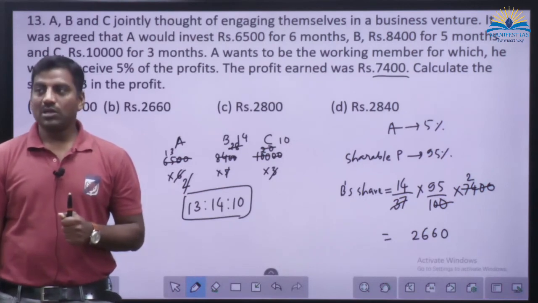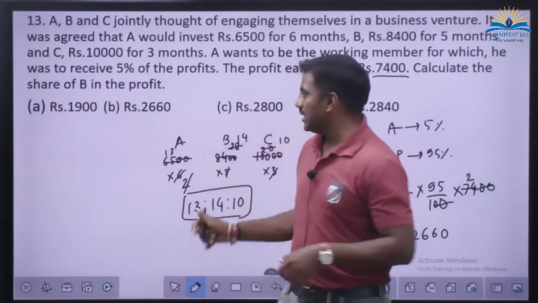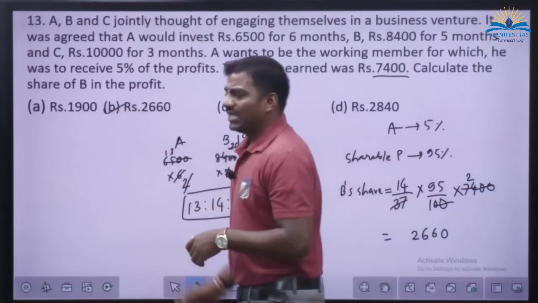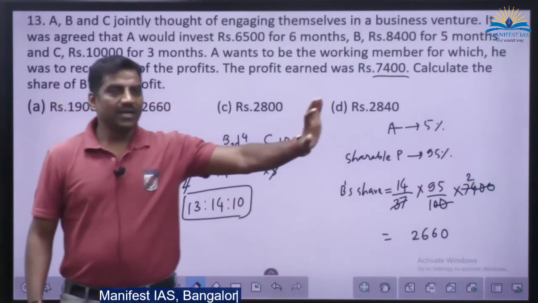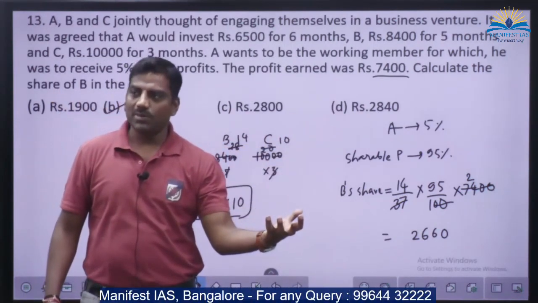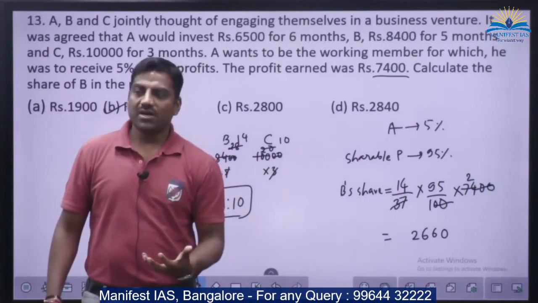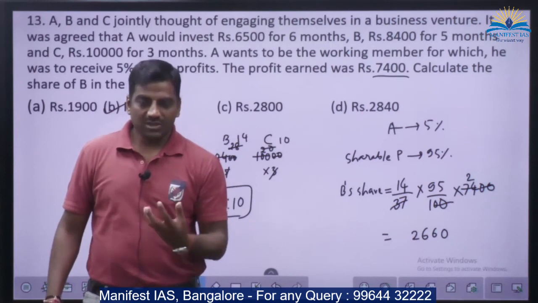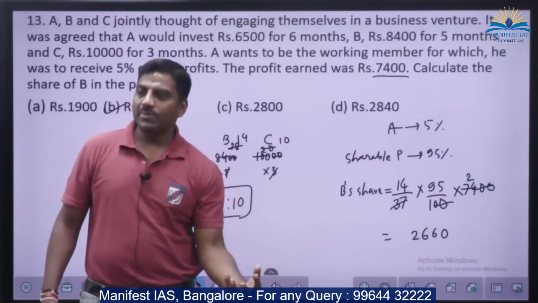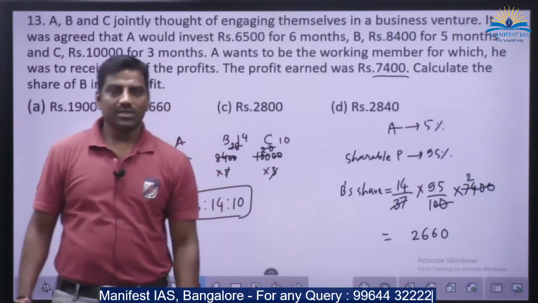The prime numbers which will come into our calculations. Done? So 2,660 is the answer, and this is the toughest that can get. 5% separately, then 95% is the shareable profit. In that 95% also, according to the share of investment of A, B and C, their fraction would vary. So this fraction into 95% into the profit, you will get their individual shares.